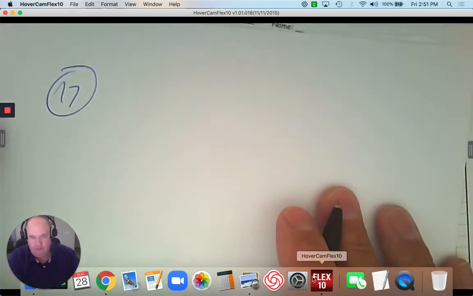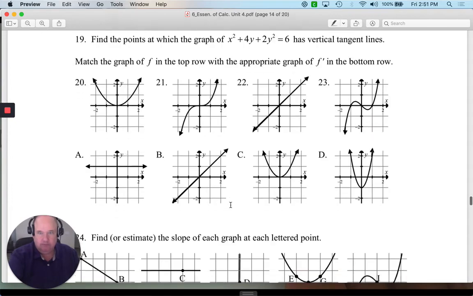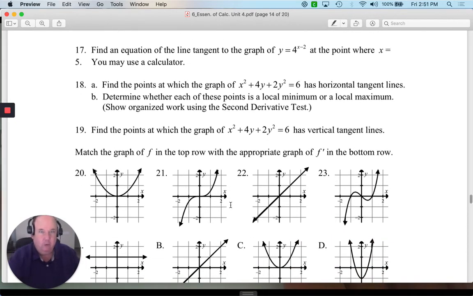17. Find an equation of the tangent line. And you could use your calculator. The graph is y equals 4 to the x minus 2, at x equals 5.